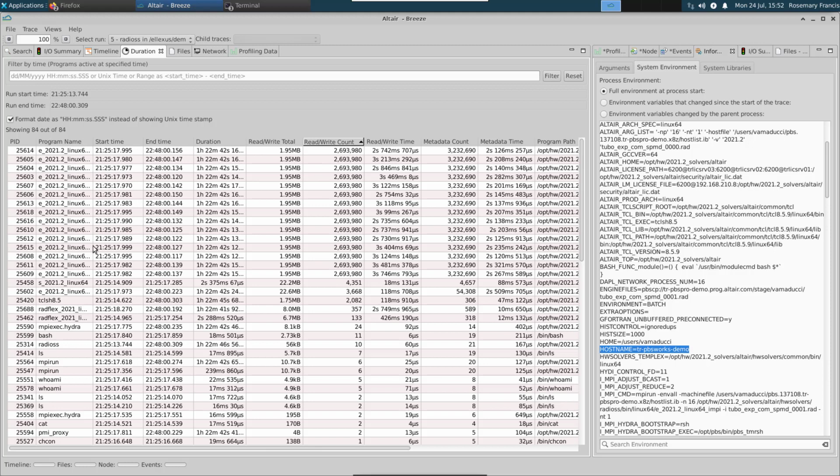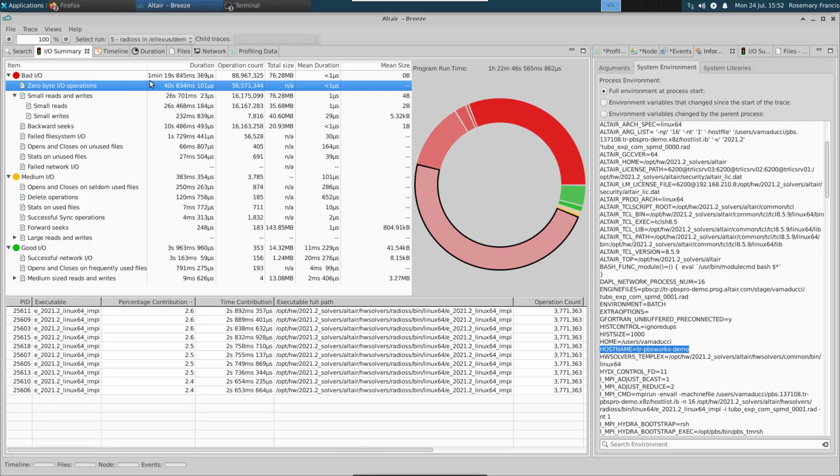And so what we verified here is that each of those 16 ranks does read and write to one file. So that means that if we go back to the IO summary, although there was a little over a minute doing bad IO, that's in fact split over 16 ranks. So if that bad IO was removed, it would only in fact shorten the runtime by a few seconds.